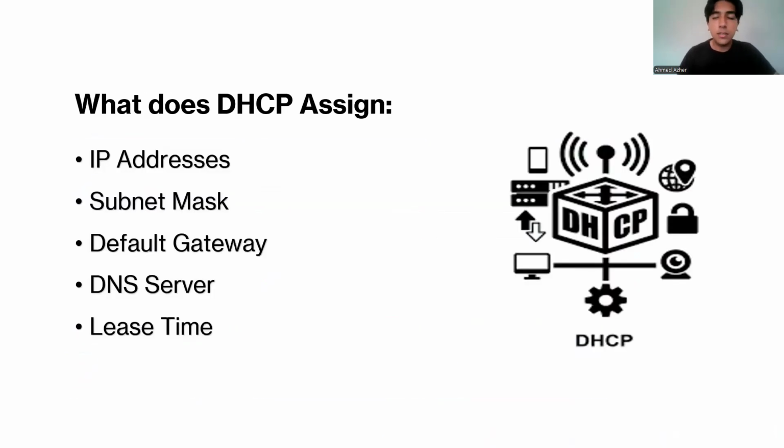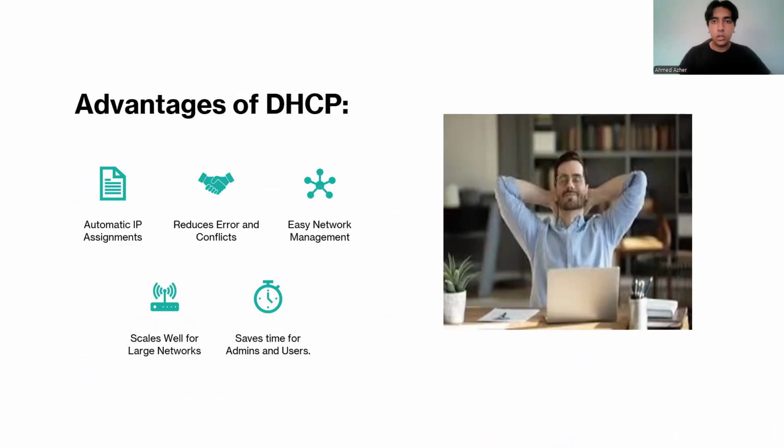So what does DHCP assign besides an IP address? Basically, DHCP assigns subnet mask, default gateway, DNS server, and lease time. Lease time is basically the time for which an IP address is valid for a device. So let's now talk about the advantages of DHCP.